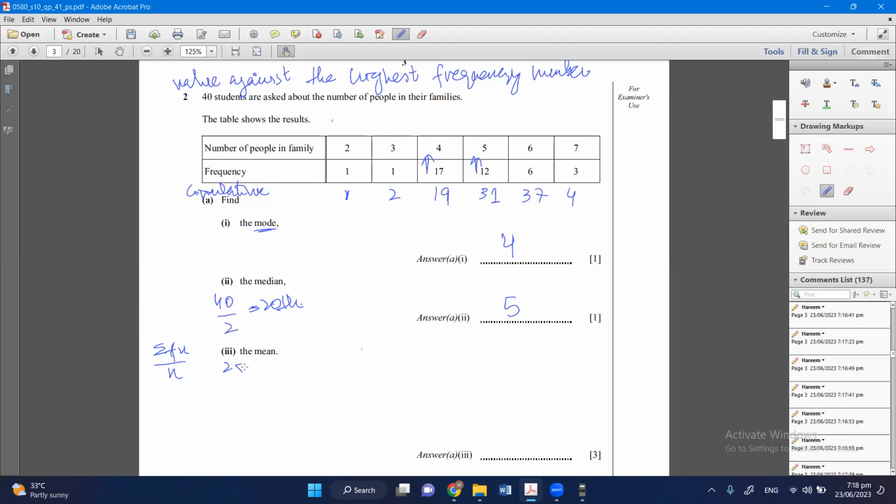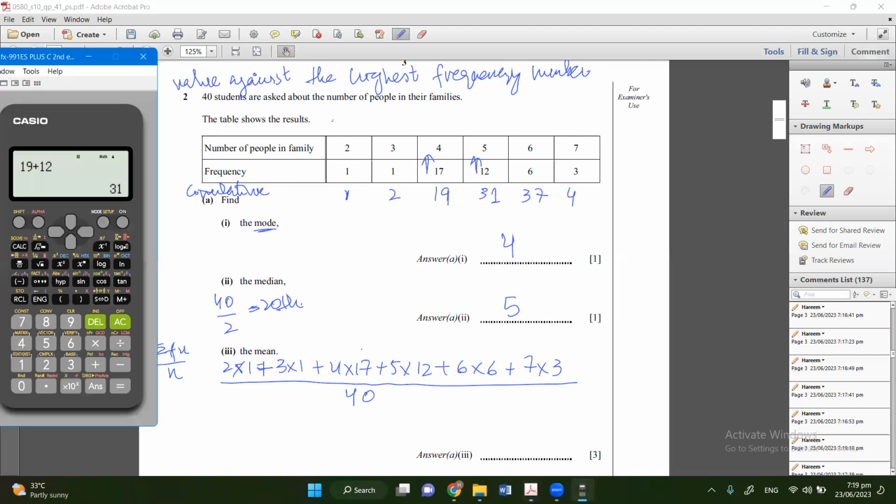So 2 multiplied by 1. Total number is 40.